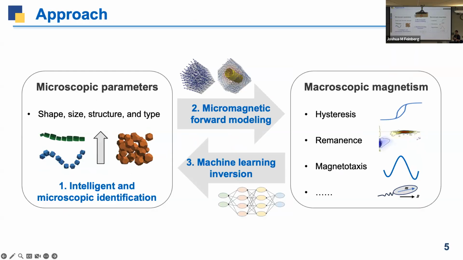We also try to work in reverse: we train a machine learning model which, based on the microscopic magnetic measurements, predicts the microscopic parameters such as shape and size. So this is a two-way bridge connecting the microscopic to the magnetic.